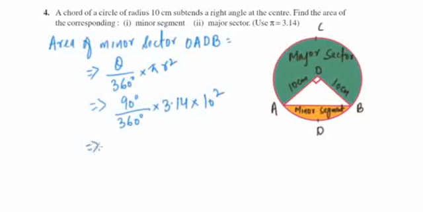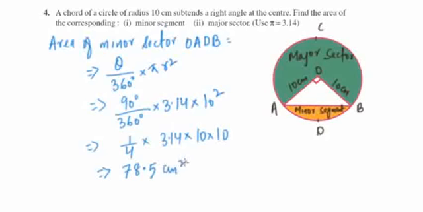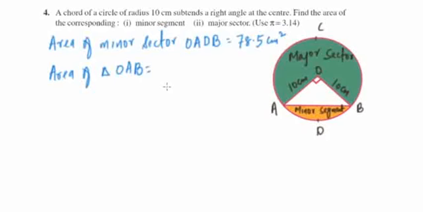On solving this, we will get 1/4 multiplied by 3.14 and multiplied by 10 and 10. And on further solving this, we will get the final area of the minor sector OADB as 78.5 square centimeter.